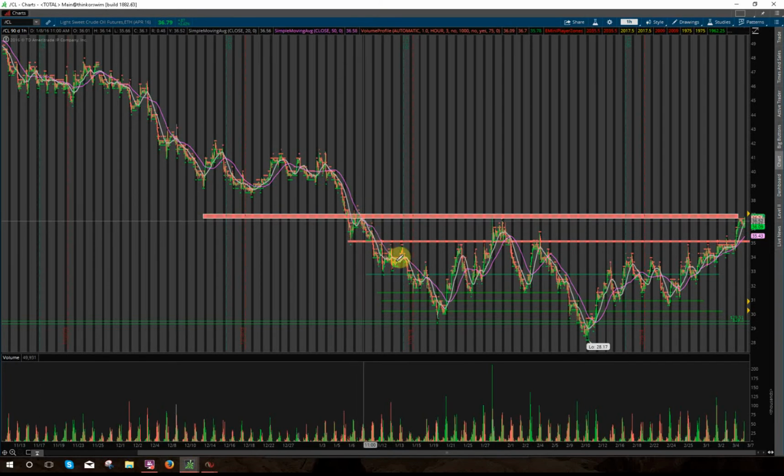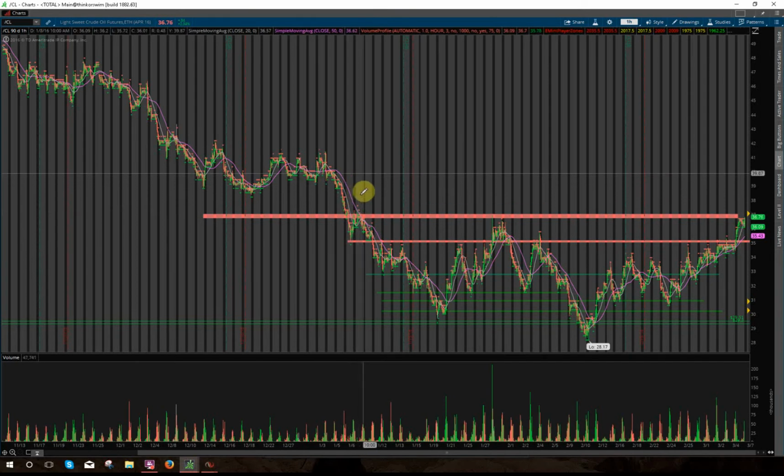So if this thing breaks through here, we could see this thing move up into the $40 range pretty quickly. There's not a whole lot of resistance up until the 39, 40 area. So just something to think about, guys, and we will see what happens.